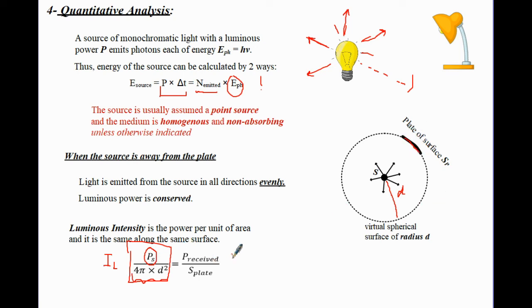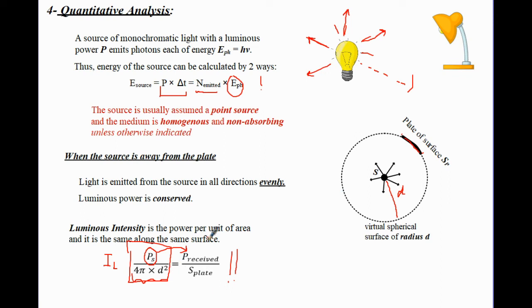So if the source is emitting here 1 watt of luminous power, the whole sphere here receives 1 watt. But this plate receives a small fraction of that 1 watt. To find out how much is that, we can use simple ratios, or we can use this equation. It is a bit hard. When we go to solve a problem, we'll talk about this in more detail.